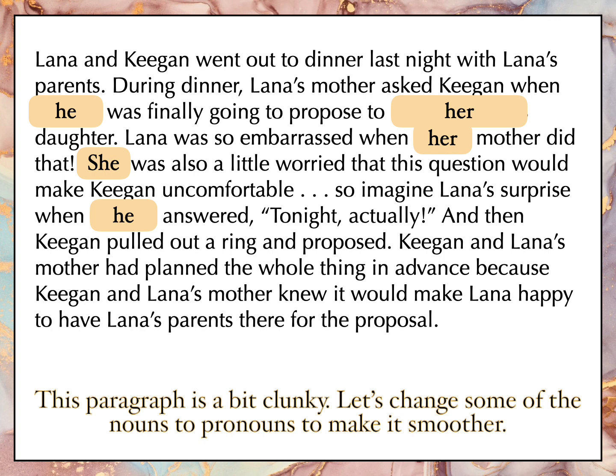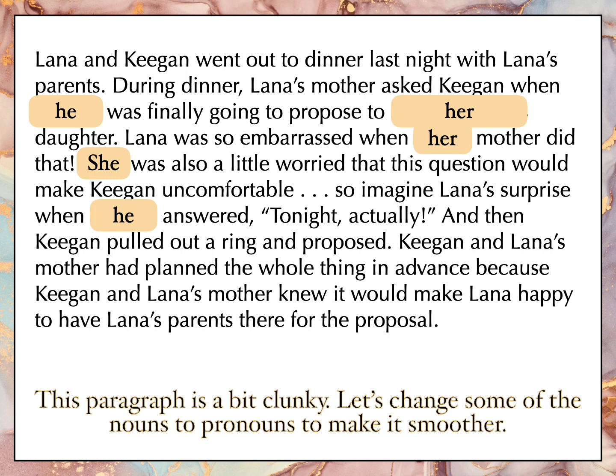No errors found. Keegan and Lana's mother had planned for the whole thing in advance because Keegan and Lana's mother knew it would make Lana happy to have Lana's parents there for the proposal. Okay, so that final sentence needs some work. So Keegan and Lana's mother, we need both of them because they're both the subjects of this sentence.